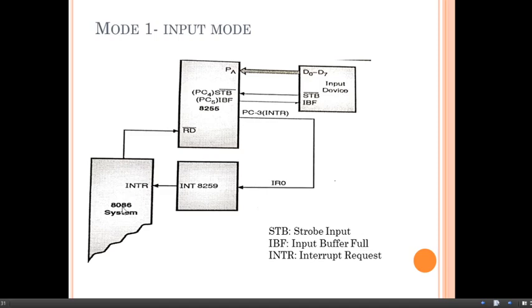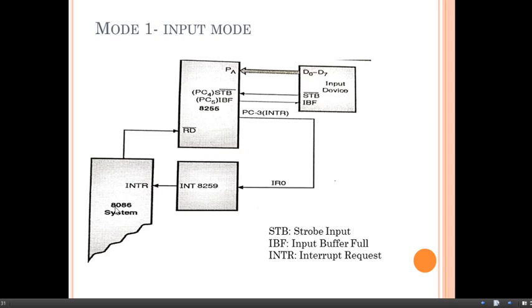So the CPU activates the read input port signal to reset this IBF signal. After that, next is INTR. So it is interrupt request. This is also an active high output signal generated by this 8255. If interrupt driven input output is used, then this INTR signal is used to interrupt this CPU, means to interrupt this 8086 processor.